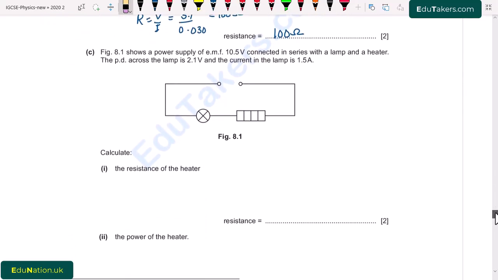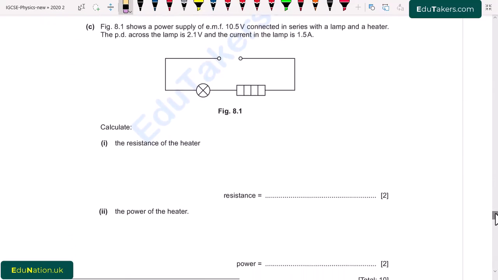So moving towards the next part of this question. Part C. Figure 8.1 shows a power supply of EMF 10.0 volt. You can see here it's a power supply and the EMF is 10.0 volt, connected in series with the lamp and a heater.